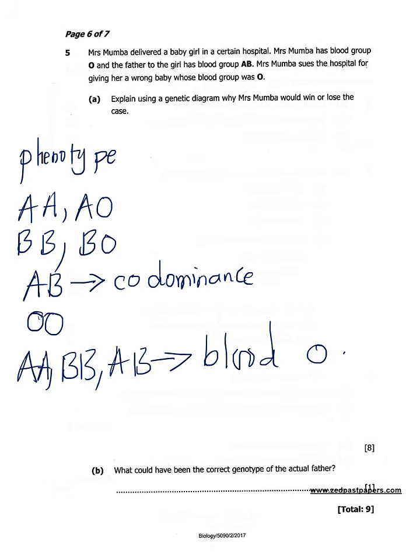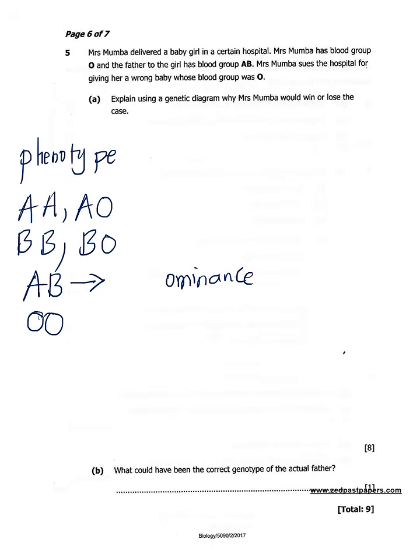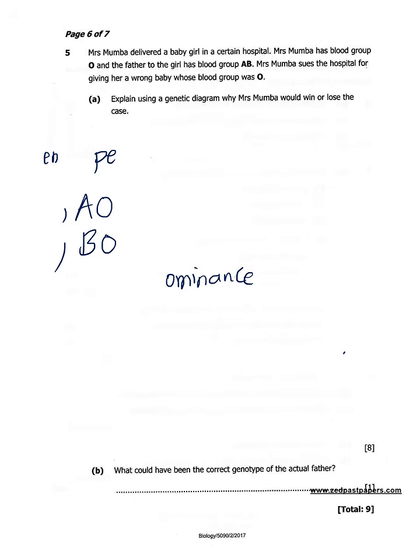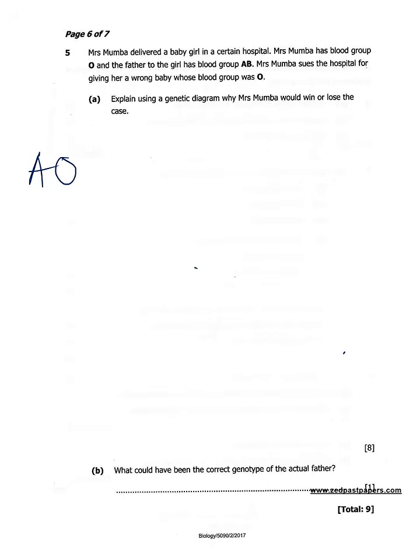Now, how can we have blood group O? For a couple to have a child with blood group O, each parent must contribute an O allele. If the husband has A, there should be an O, so we can have AO, BO, or OO.